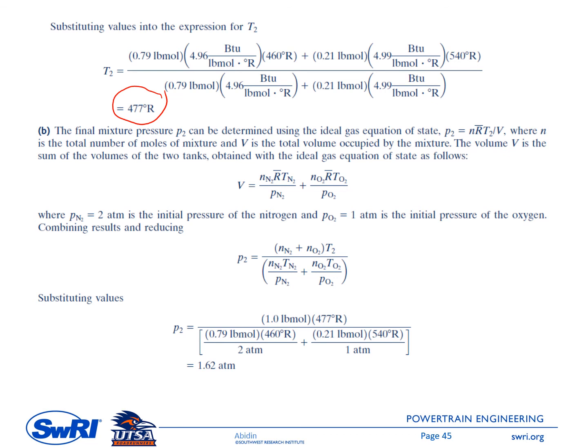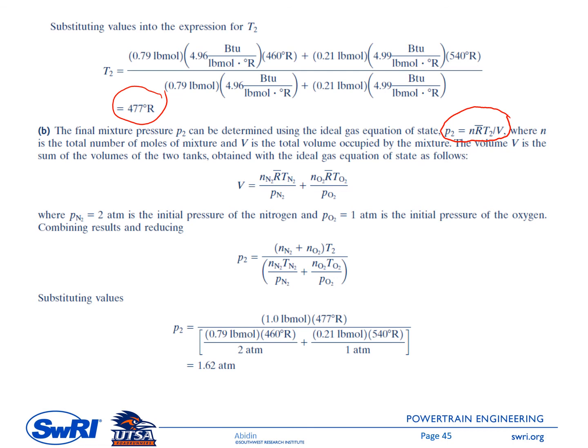The next question is the final mixture pressure. We can determine this using the ideal gas equation of state. P2 equals N times R bar, the universal gas constant, times T2 over V. We have T2, and N is the total number of moles of the mixture, and V is the total volume occupied by the mixture.